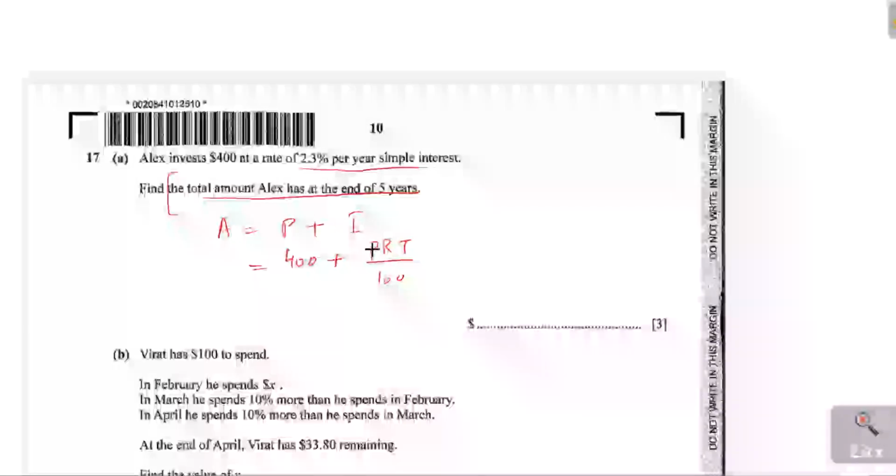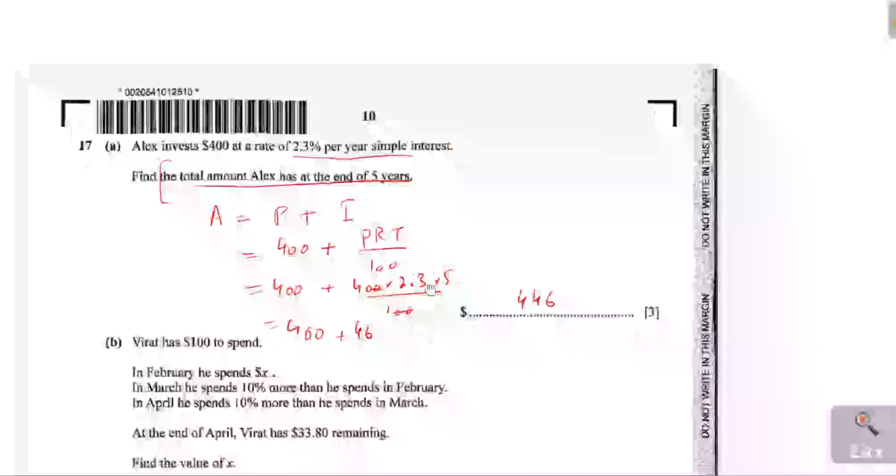Here P is the principal amount, R is the rate, T is the time. We can write 400 plus, P is 400, rate is 2.3, time is 5, over 100. The zeros will be cancelled. This will be equal to 400 plus 4 times 5 is 20, 20 multiplied by 2.3 is 46. This will be equal to $446, the amount after 5 years.